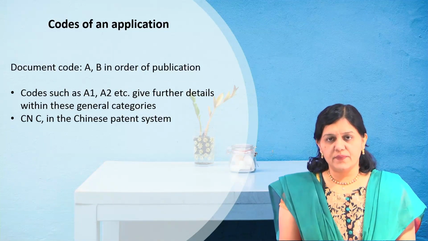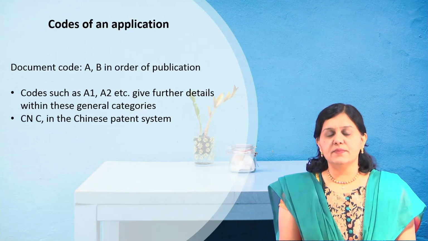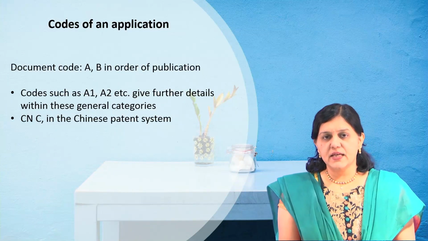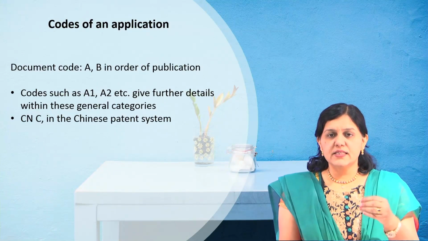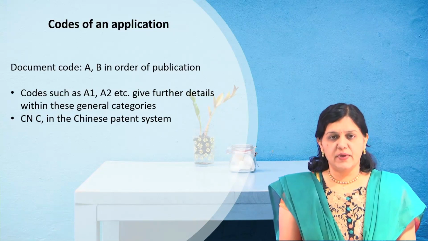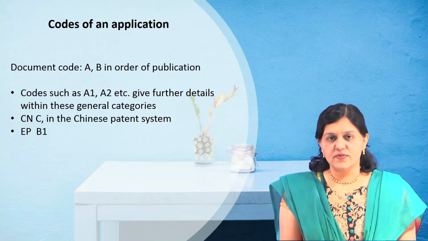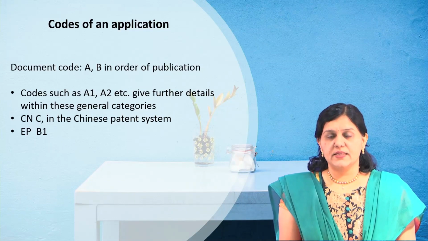For example, CN is for the Chinese patent system. Here C means patent is granted. Hence, if you see a code like CNC, it states that this Chinese patent is granted. Then EPB1: if you observe EP and B1, it refers to a granted patent in the European patent system.